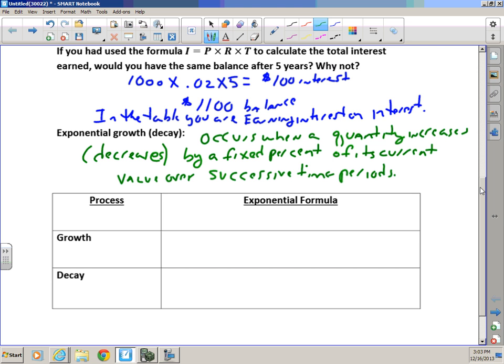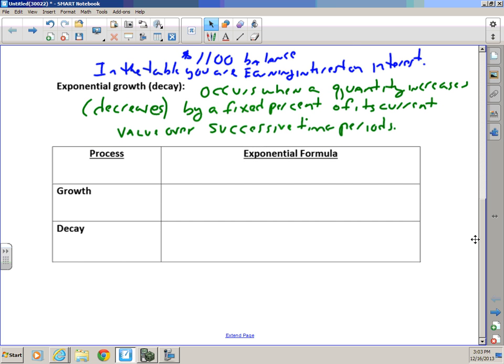Now, you need to know how to use these formulas that I'm going to give you in the problems and on the test that you're going to have.